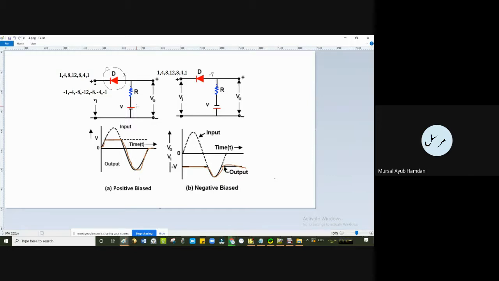Let us see. Now let me assume that the input supply is sinusoidal, its maximum amplitude swinging between plus and minus 12 volts, while this supply voltage is 7.